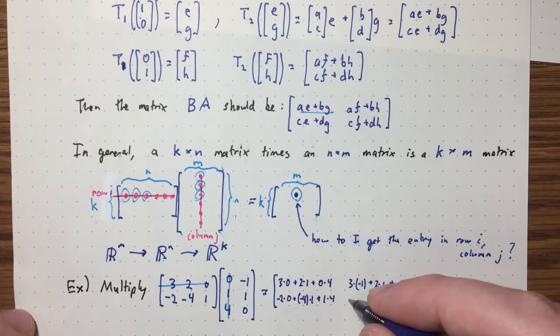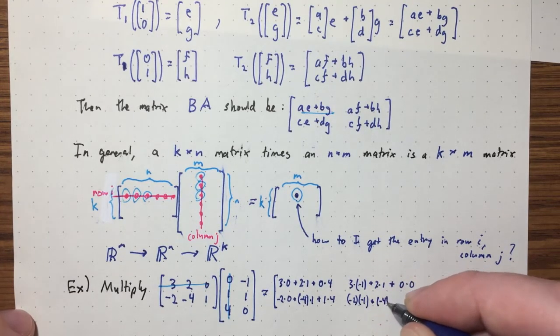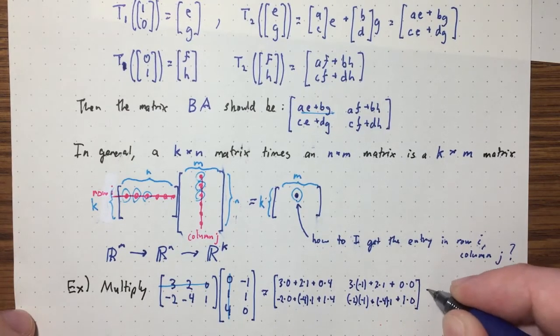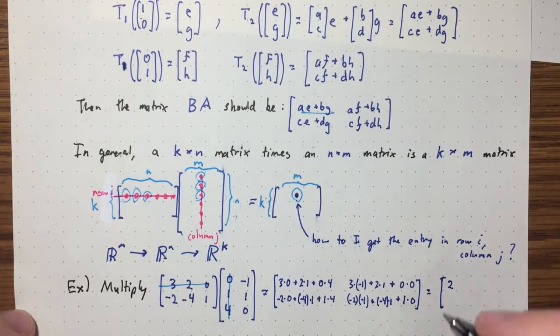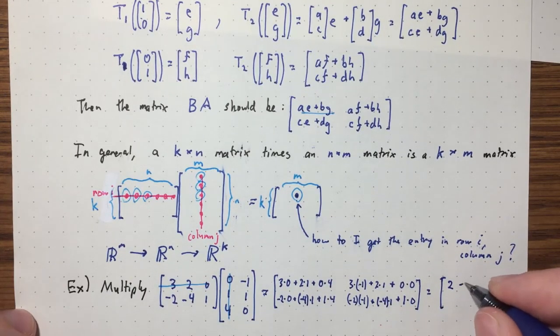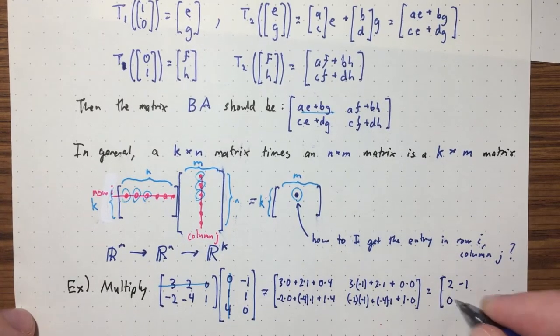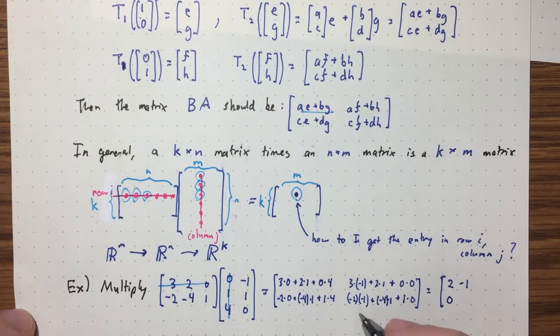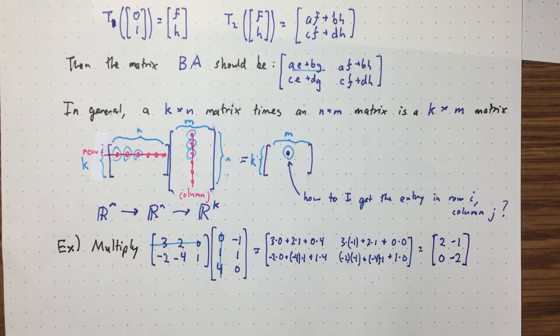And then this one here will be negative 2 times negative 1 plus negative 4 times 1 plus 1 times 0. Okay. And what do we get in the end? So yes, as you can see, this is a complicated process, but we get 2, -1. This looks like it's just going to be 0. And then here we have 2 minus 4, which is -2. Okay, so we get this matrix.